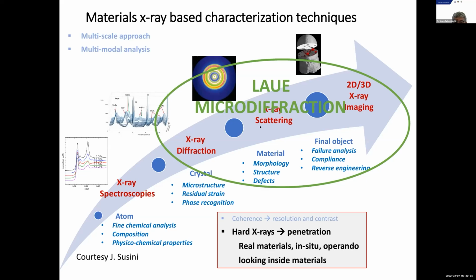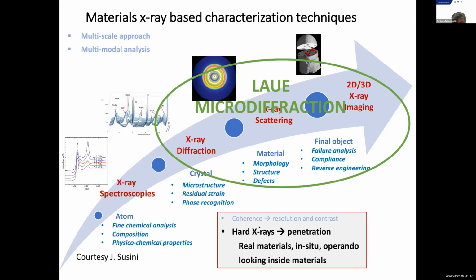And for sure, you are going to look at the defects, the structure of the material at a larger scale, and also you can do some 2D and 3D imaging from the compilation of all the images and all the data you will collect on the beamline.